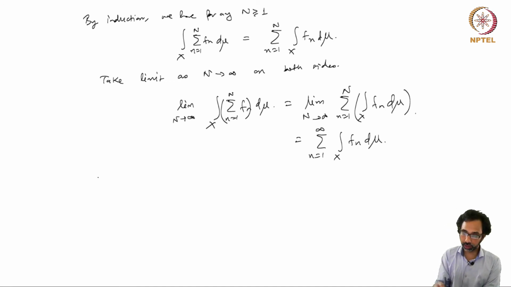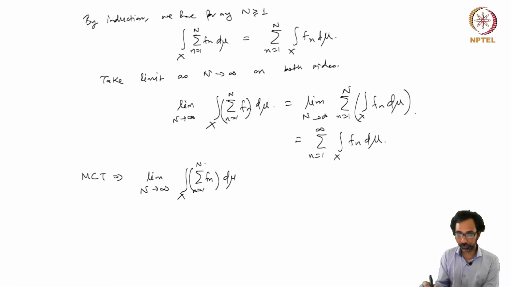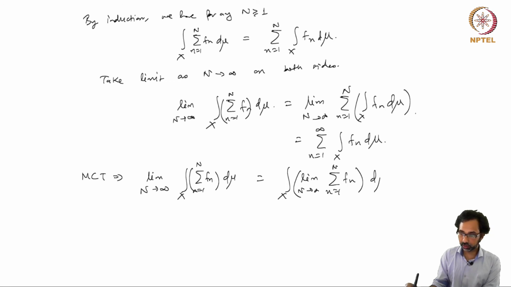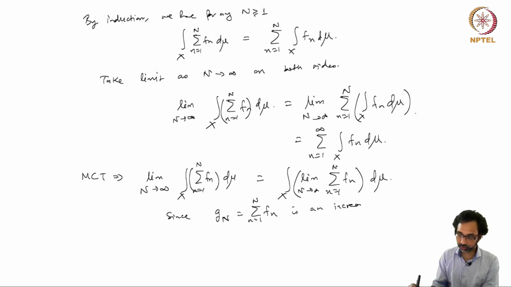On the other hand, the MCT implies that the limit as N tends to infinity of the integrals of the sum from n equal to 1 to N of f_n d mu is equal to the integral of the limit as N tends to infinity taken inside, because this sequence g_N, which is the sum over n equal to 1 to capital N of f_n, is an increasing sequence of measurable functions, increasing sequence converging to the series sum from n equal to 1 to infinity of f_n.